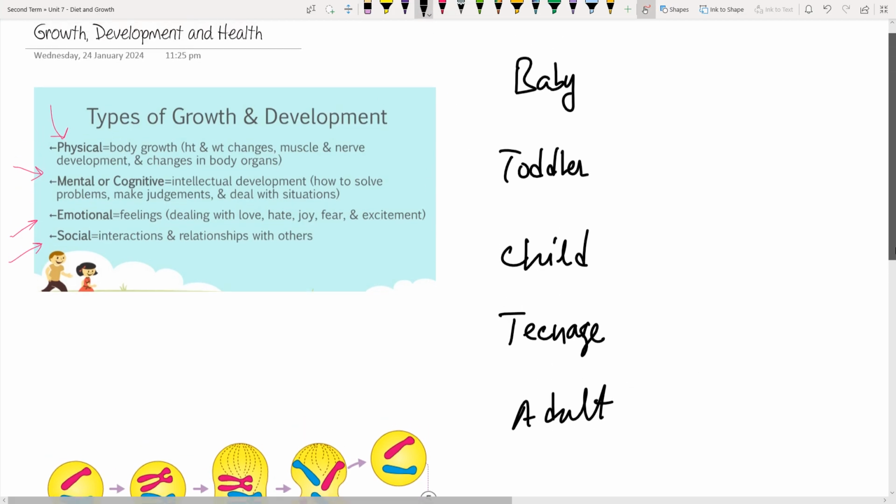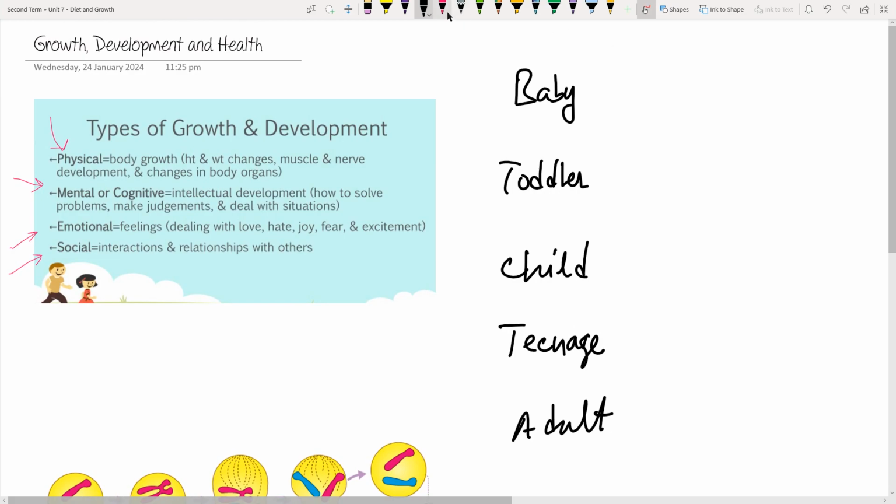If you say that in terms of years, you can say from 0 to 6 months, right? And then 6 months to 3 years or 2 years. It varies a little bit, it's just a range. Then from 3 years up to 11 years, that's a child.